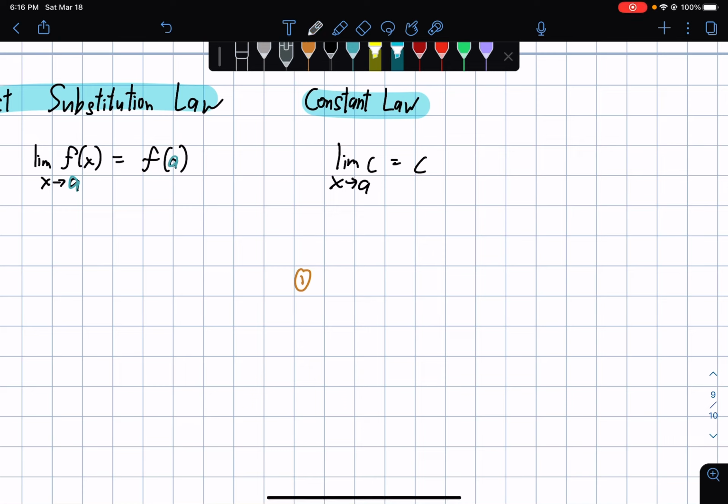For number 1, we have lim 3 such that x approaches 0. That's going to be 3. Second example, the limit of negative 10 such that x approaches negative 1 is still going to be negative 10.